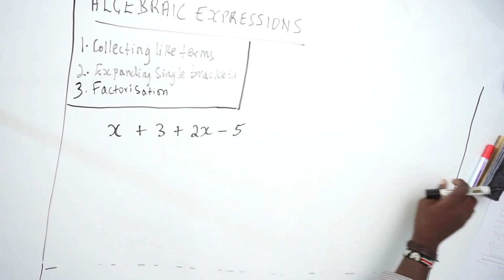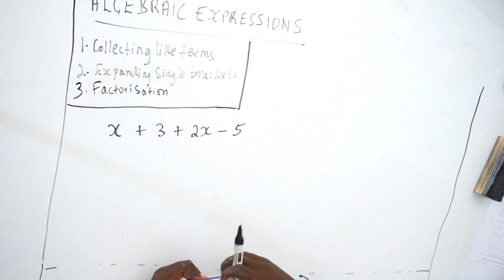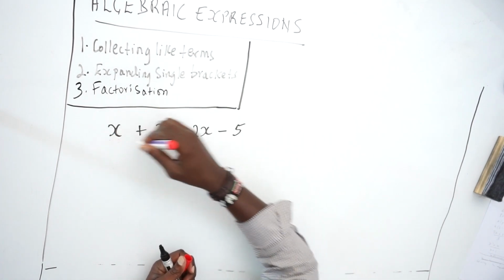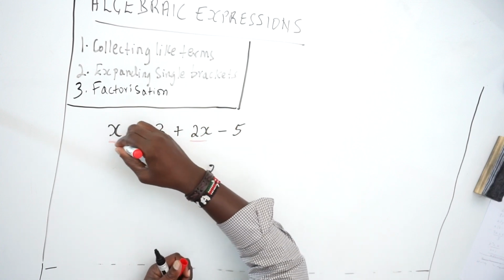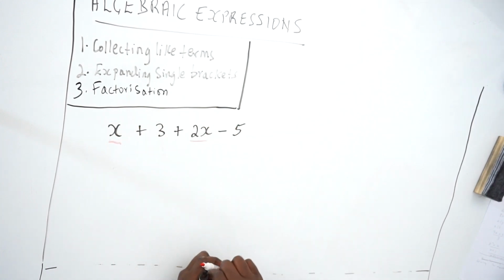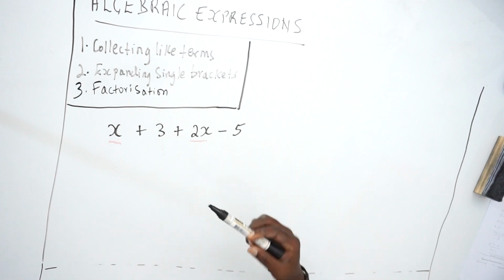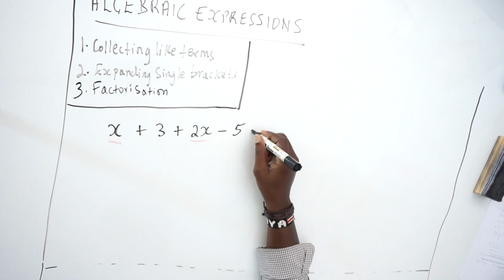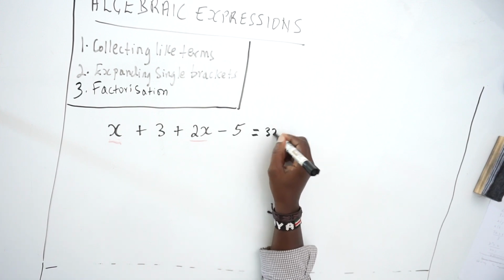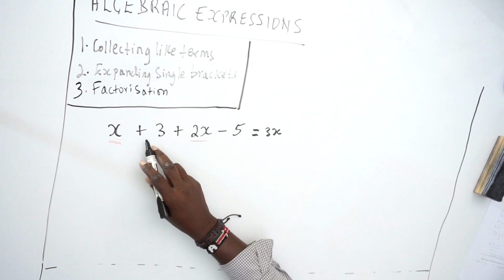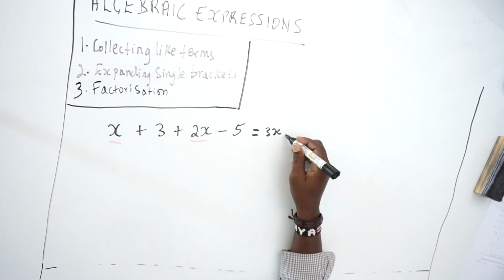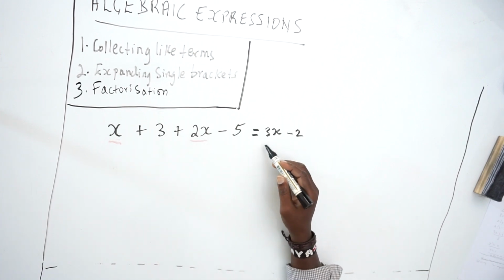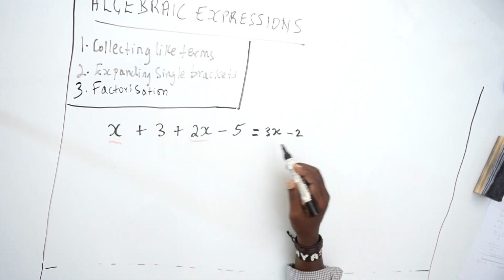In this case, we can see the x's are what we describe as like terms, and if we put the x's together, we would end up with x plus 2x giving us 3x. Put the numbers together, 3 minus 5 would give us minus 2. So we have simplified this long expression by collecting the like terms, the x's and the numbers.